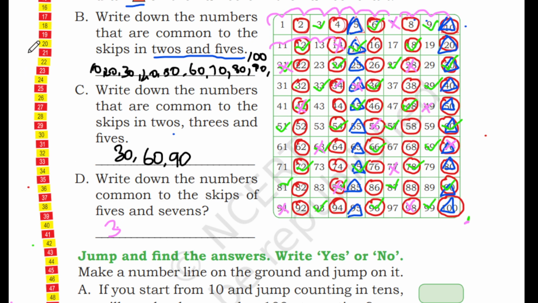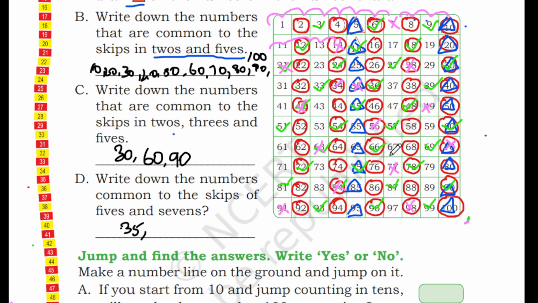Okay, let me change the color to black. So we will write the number 35. See, we write number 35. So the next one we have here 60s.